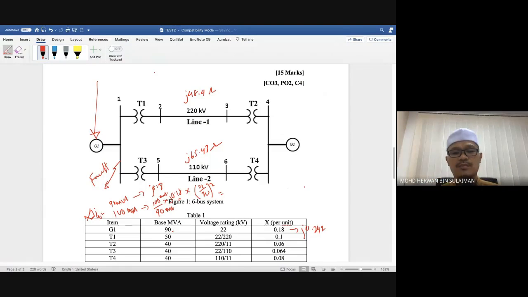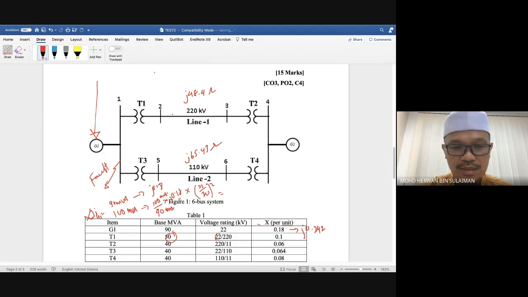242. Okay. And then kita kena tengok kat transformer 1. Transformer 1 base lama dia 50. Voltage rating dia, you boleh pakai yang low voltage. Nak pakai high voltage pun tak apa, tapi pakai low voltage better. Okay. So sekarang ni dia ialah 0.1.